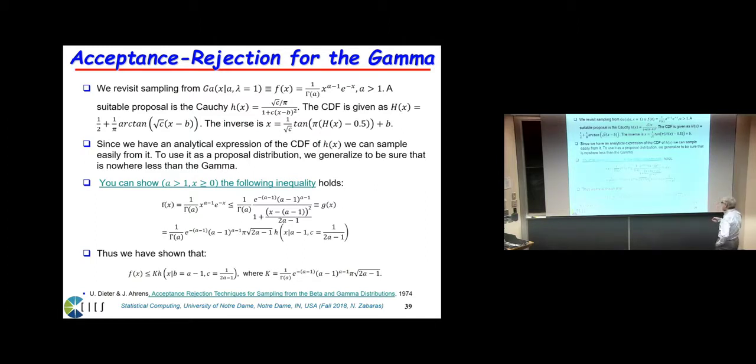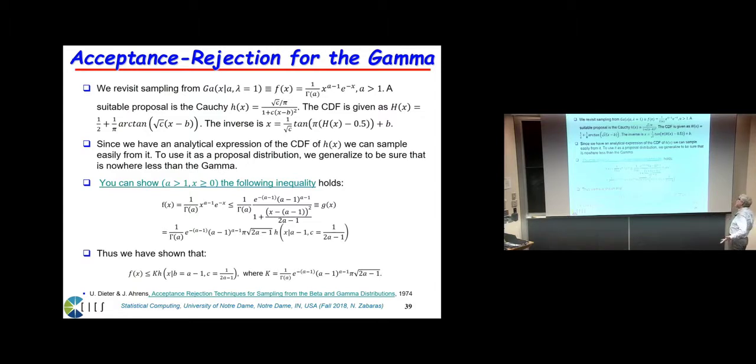Well, I found a paper from 1974. Somebody had scanned it nicely and put it on his website, and I located it. So you can actually show a nice inequality, and the proof is there, that this pi distribution is less than or equal to a constant that you see here, times the Cauchy distribution h of x for these parameters that you see here.